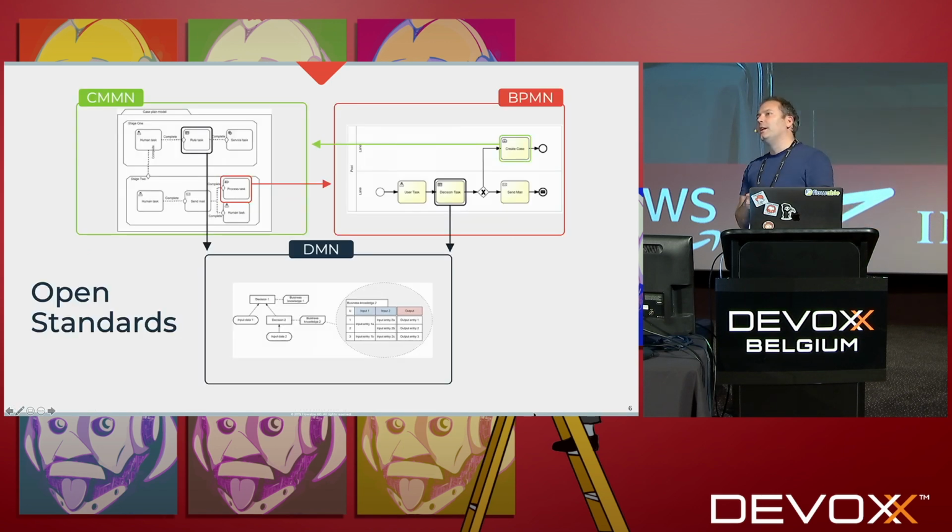And the really nice thing is that you can use these standards standalone. So you can use DMN as a rules engine just in your application without using BPMN and CMMN. But it's really key and really important that you can also use them all together.